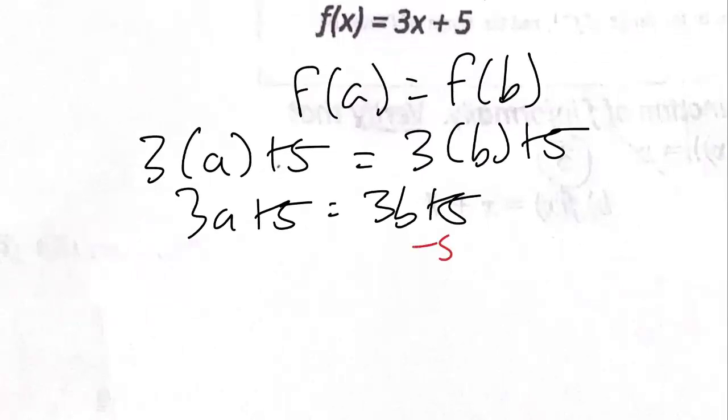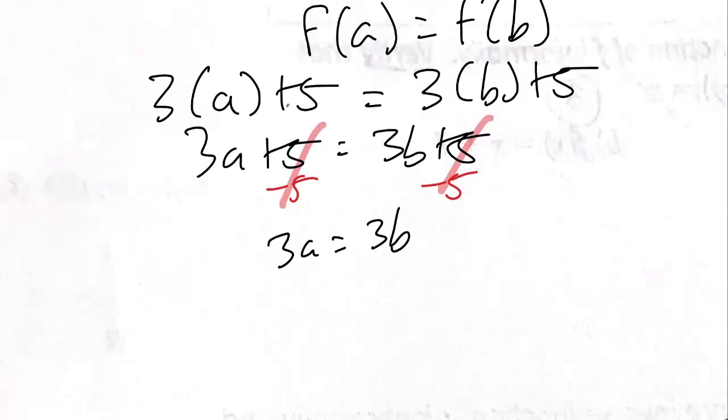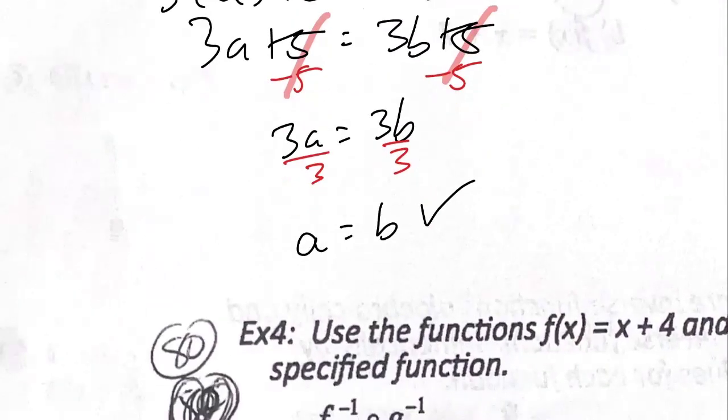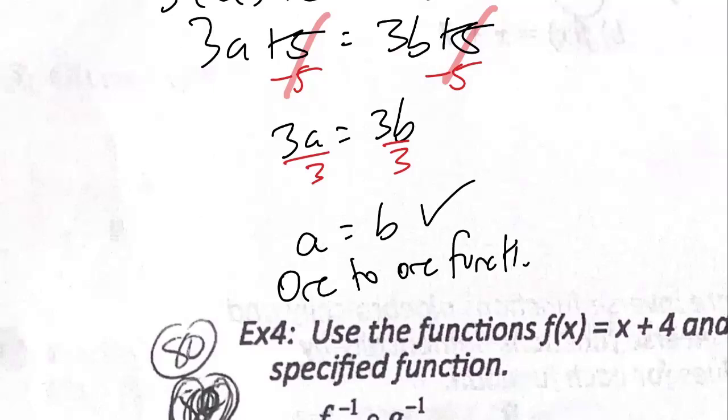Subtract 5 from both sides. It cancels. You're left with 3a equals 3b. Divide by 3. A is equal to b, which is indeed true for a one-to-one function. So it's pretty much a shortcut.